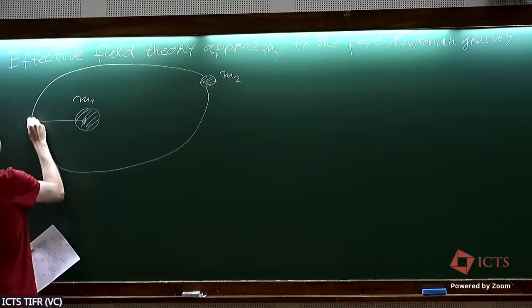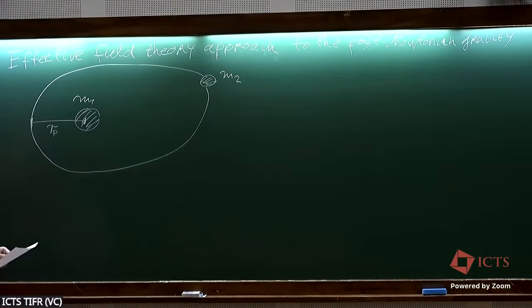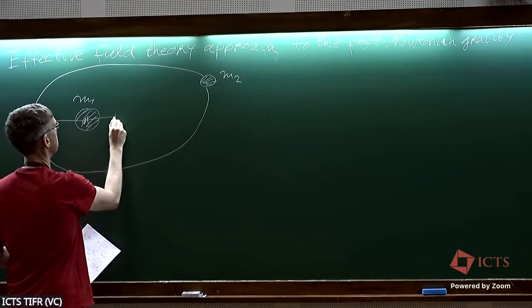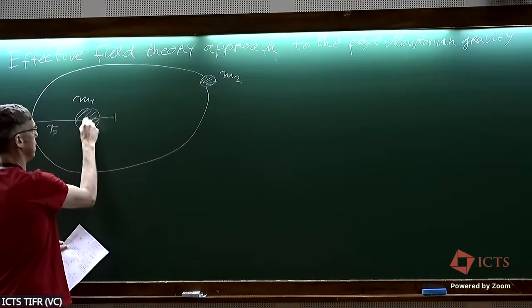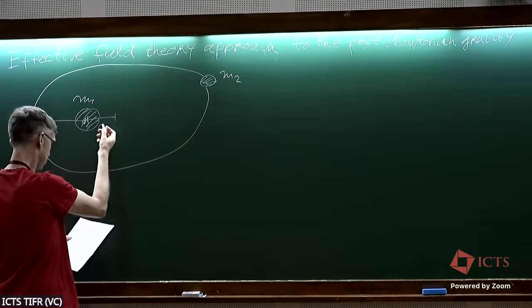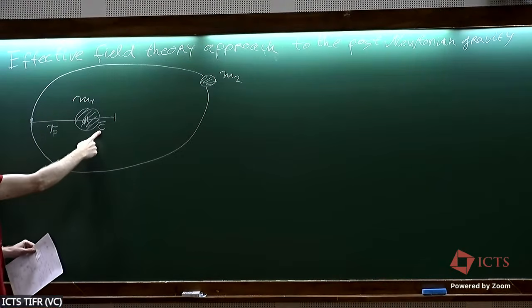Then the distance of closest approach, that's the periapsis distance, r_p. Then there's a distance between the center of the ellipse and the focal point here. Let me call that c bar. That's the so-called linear eccentricity.